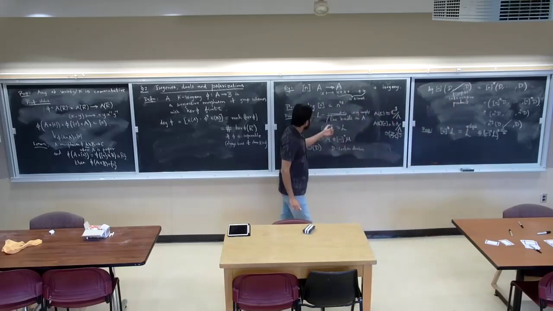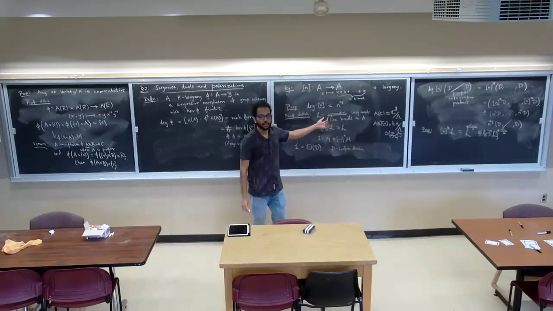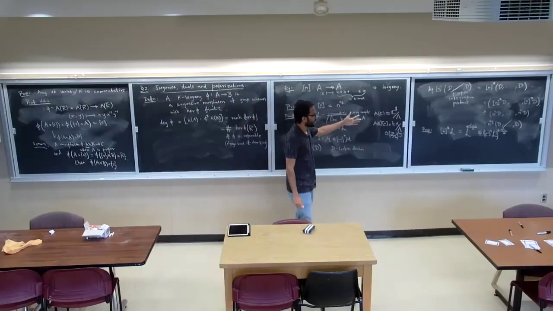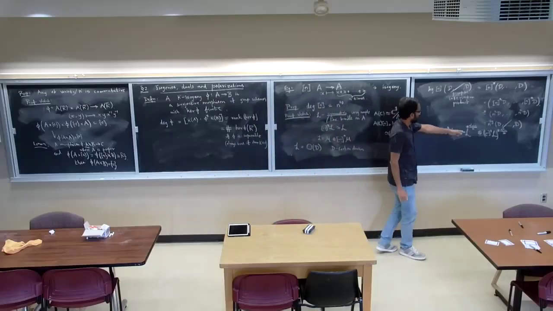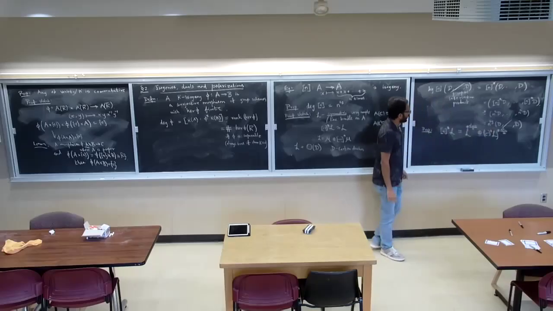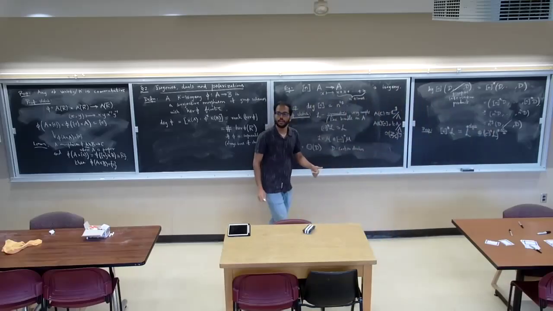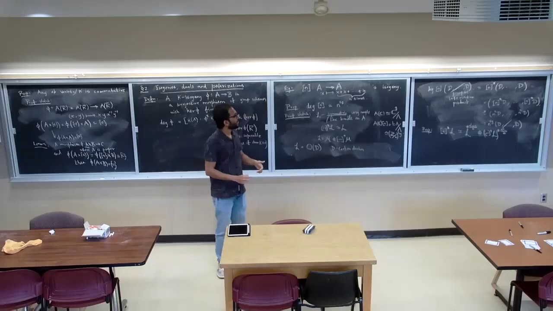Okay. So this is where I'm going to use my assumption that L is symmetric. So minus 1 star L is also L. And so I just add up the exponent and that is n squared.